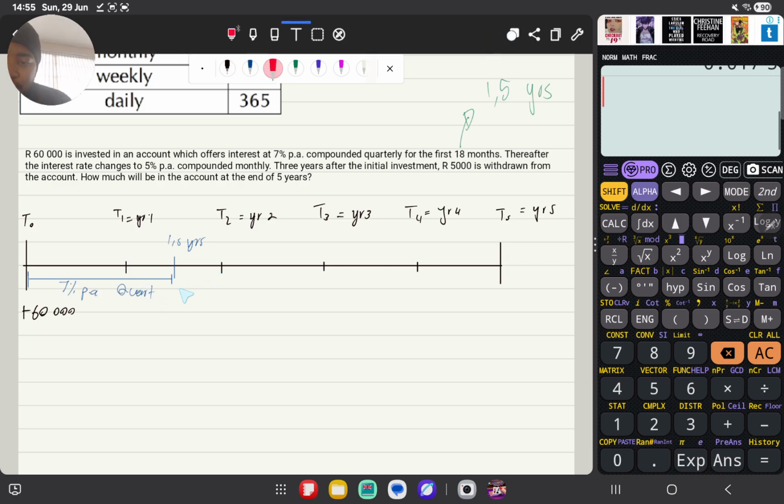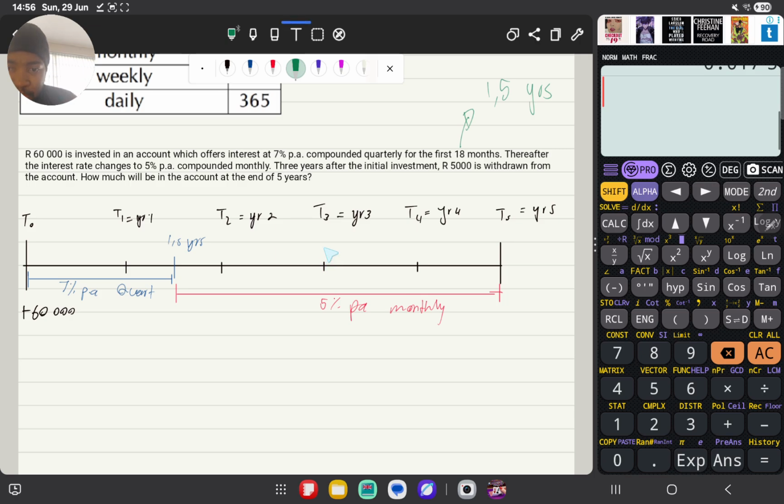And then from here all the way to year 5, it's now 5% per annum compounded monthly, right? Then another thing is that 3 years later there's a withdrawal.